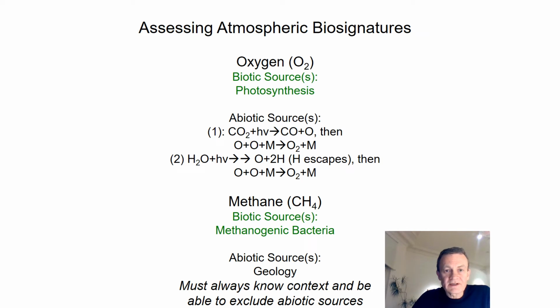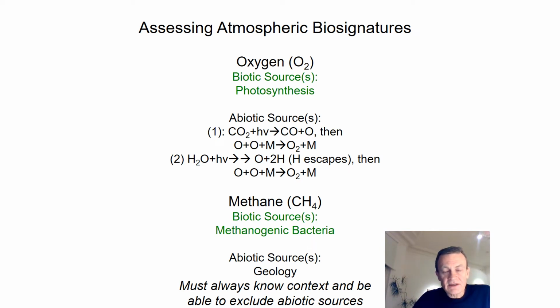So we have to assess atmospheric biosignatures in terms of what is life and what is non-life producing them. As I said, for oxygen, it has a biotic source, photosynthesis, in green, but the black text shows abiotic sources. So step 1, CO2 can photolyze to build CO plus O, and the O can react with itself.